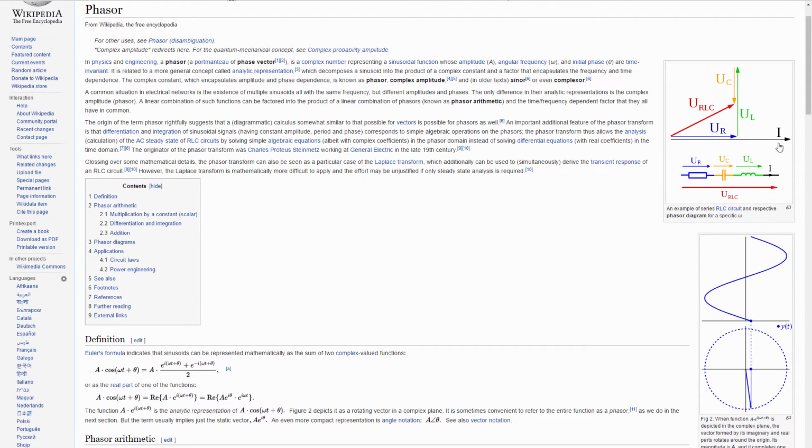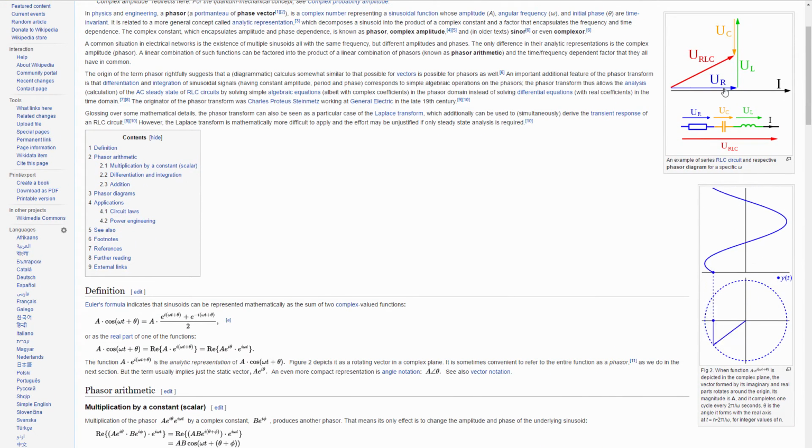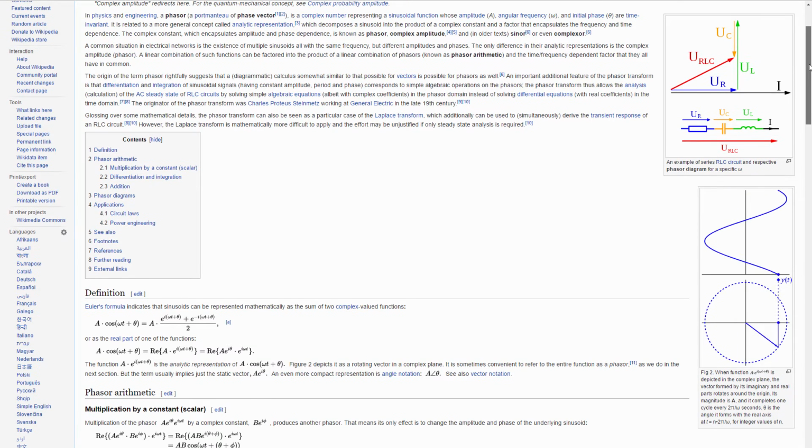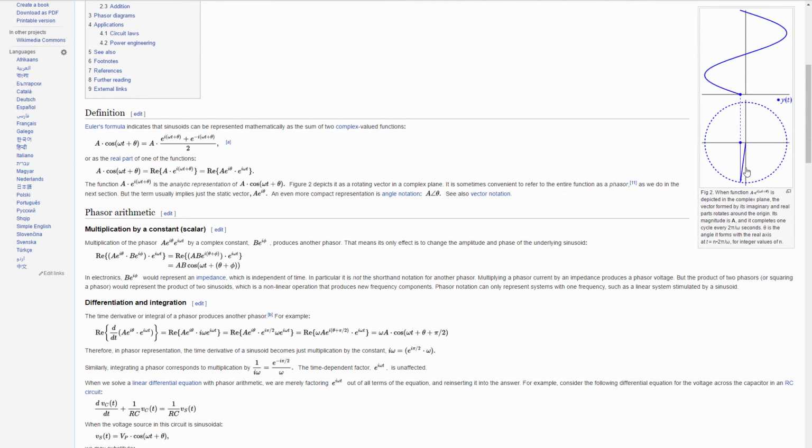All right. Then just scrolling down a bit, in this diagram to the top right, they're showing how you would apply this for an electrical circuit, and I'm just not going to get into that right now. One representation of this is this nice animated GIF that shows a vector rotating around counterclockwise, and that represents the phase.